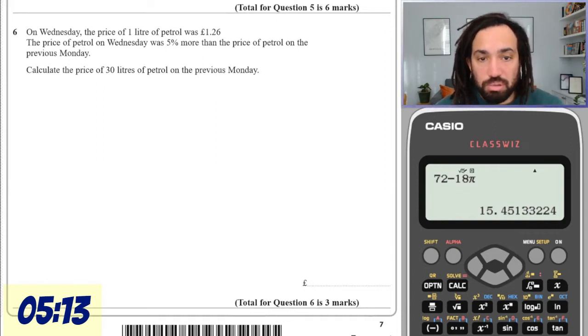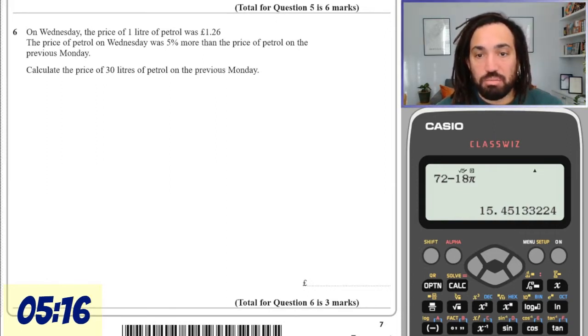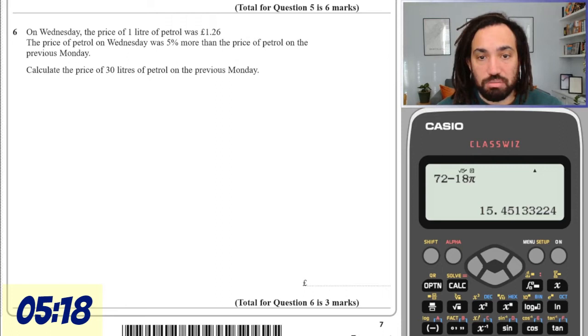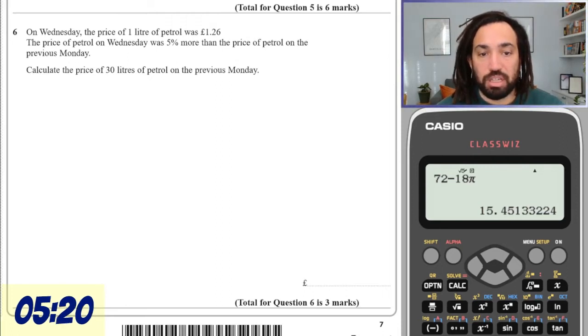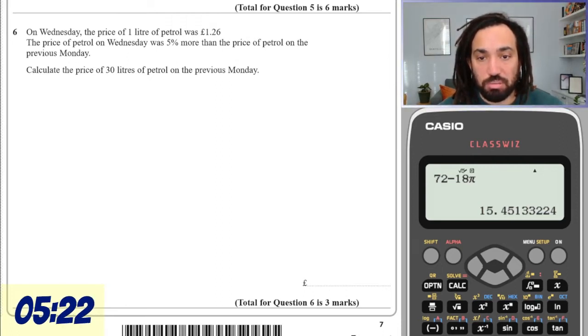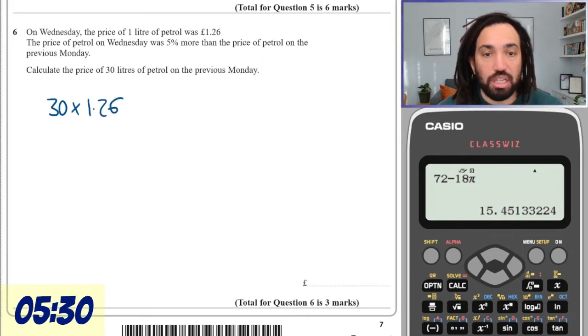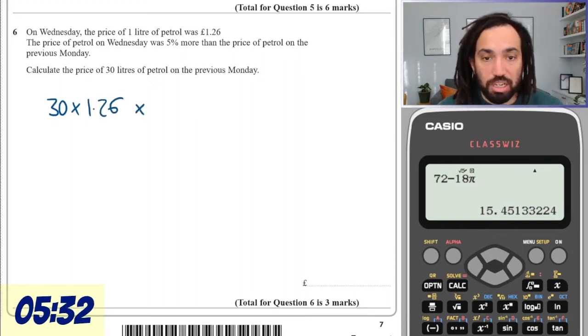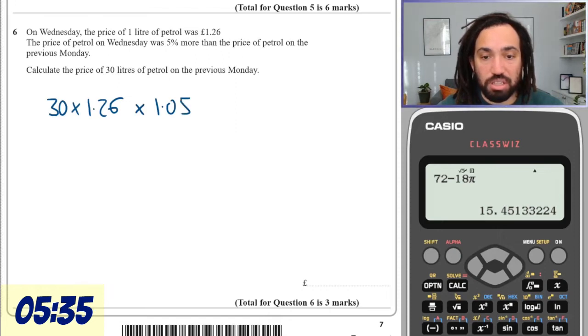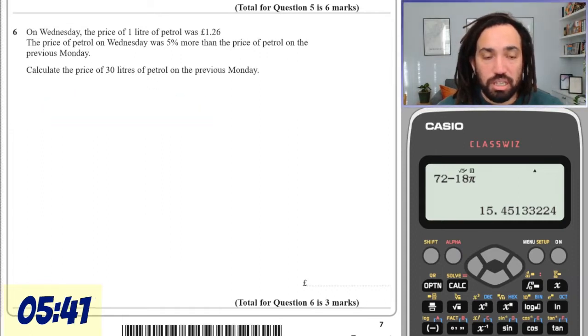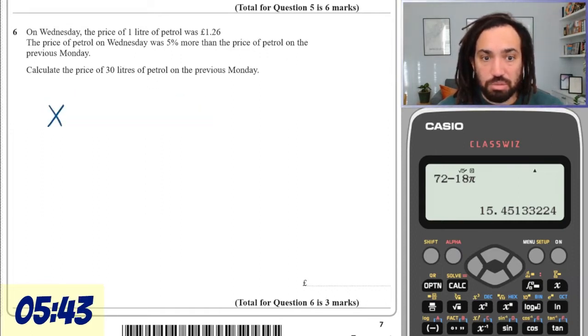Okay, we've got petrol prices. On Wednesday was 5% more than the price of petrol on the previous Monday. Calculate the price of 30 litres of petrol on the previous Monday. So we had 30 times by 1.26 was then multiplied by 1.05. No, that's not right. Sorry. The previous price is what we're trying to find.